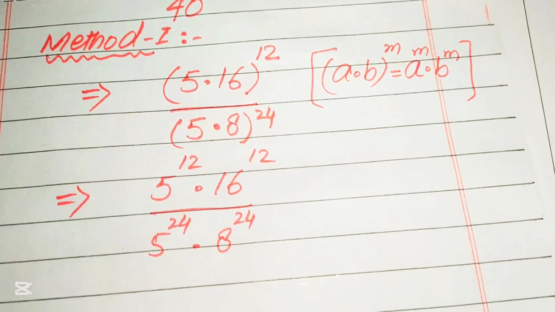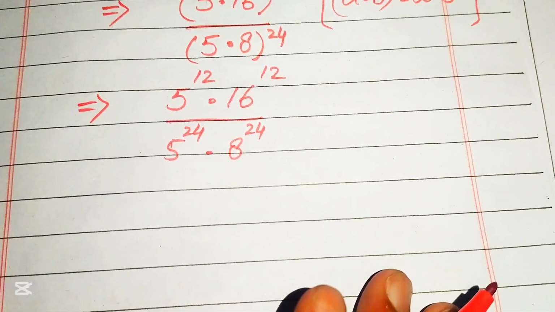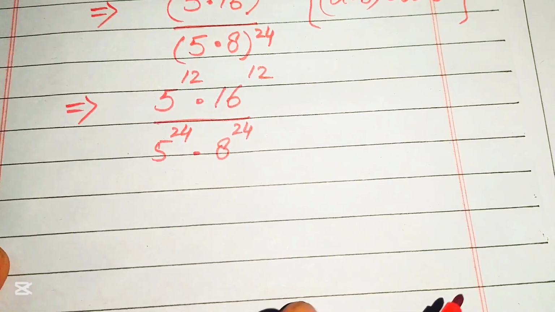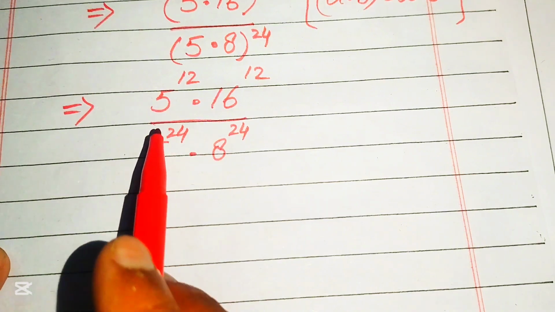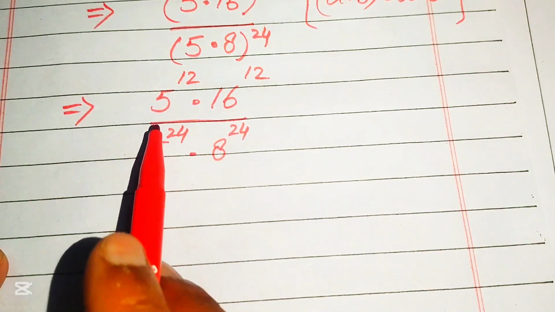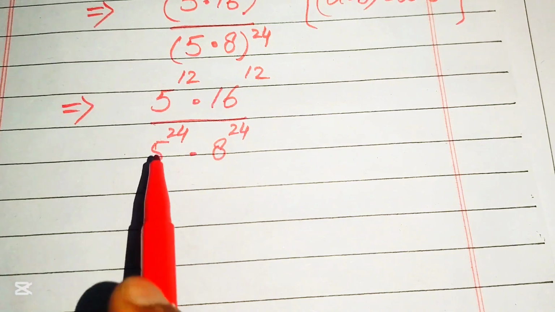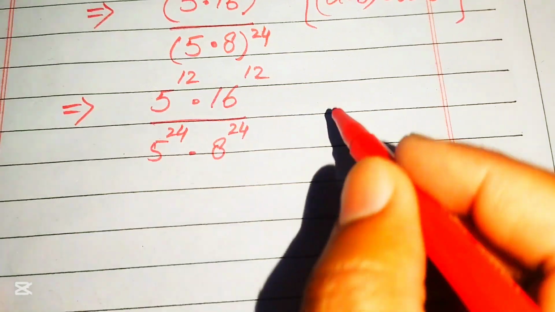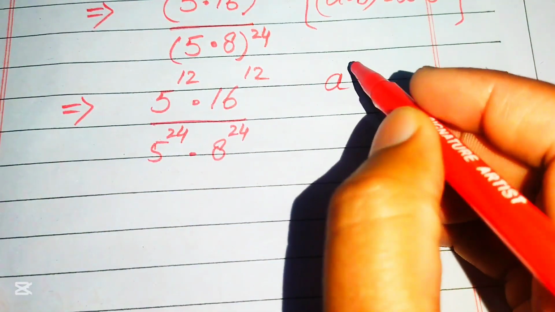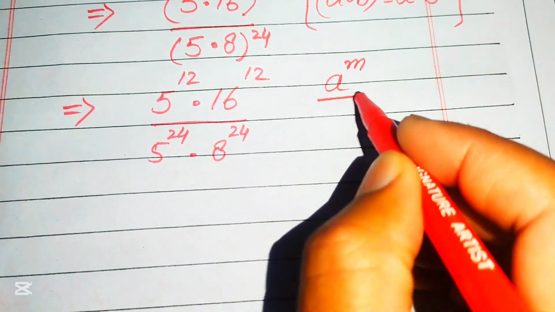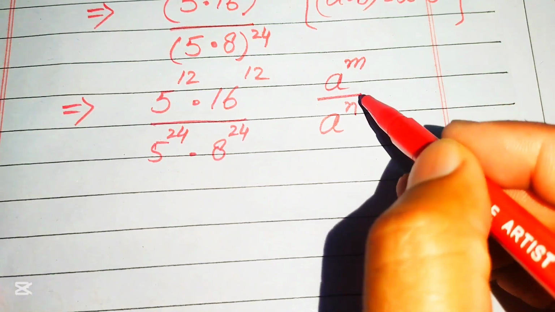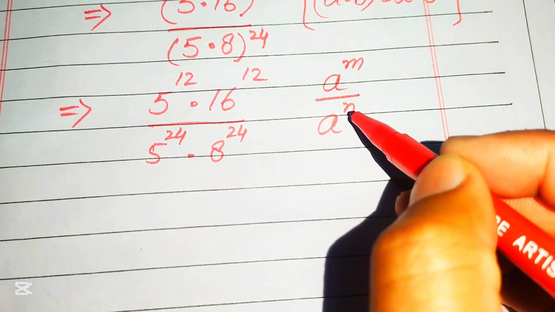Further in the next step we need more simplification, and here you see that we have two terms whose bases are the same. We will apply this exponent law: if we have a to the power of m divided by a to the power of n, there are two cases for this law.